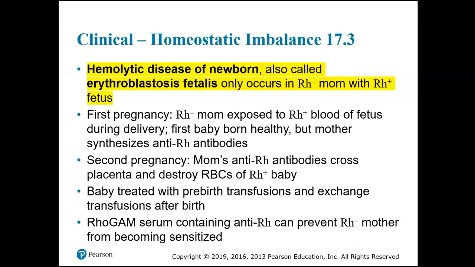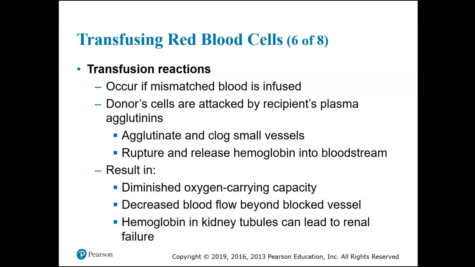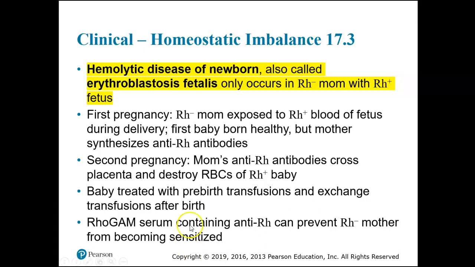If the mom is Rh negative and the baby is Rh positive, the first baby is going to be fine, but if there's no treatment, the mom is going to build up Rh positive antibodies or agglutinins in her blood plasma. So the second baby, her Rh positive agglutinins or antibodies are going to attack the second baby that she's carrying that's Rh positive. The treatment for that is RhoGAM, and that's down here at the bottom.